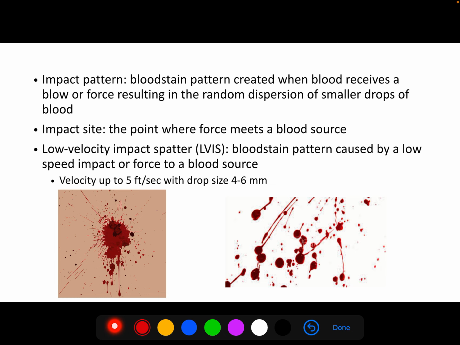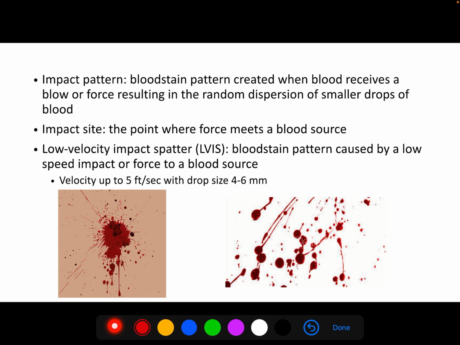We already mentioned the high velocity impact spatter. There's also low velocity impact spatter, or LVIS for short. This is a pattern caused by a low speed impact or force to a blood source. This might be something like a punch and things like that are not as forceful, not happening as fast as a gunshot wound, like with the high velocity impact.